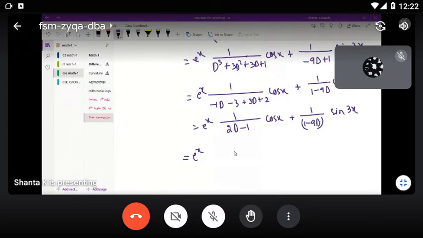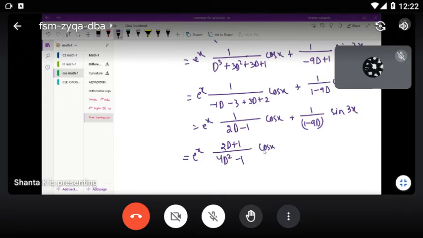Here we are using D as the operator, as you have seen. So what we will do, we will simply multiply by 2D plus 1 so that we get D square in the denominator, and we can substitute it in cos x. So here we multiply 2D plus 1 in the numerator and also in the denominator. So we will have 4D square minus 1 cos x.